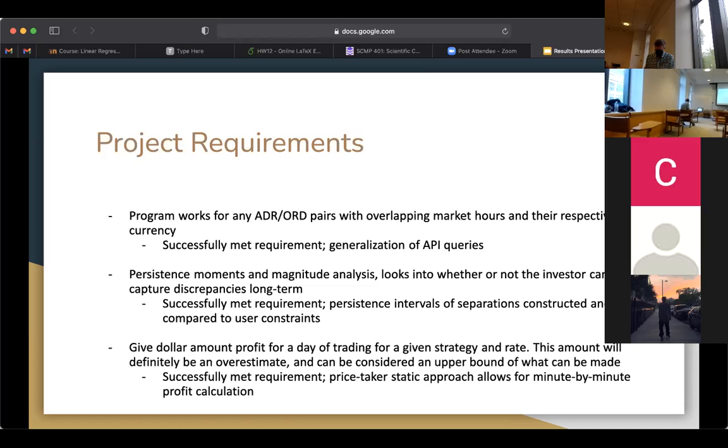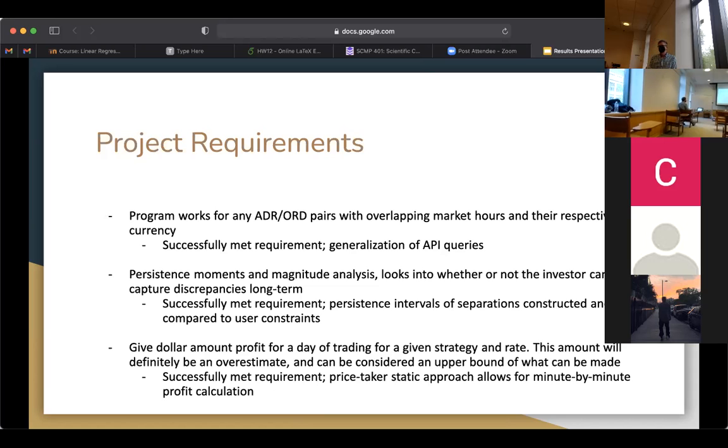And this type of table and graph, after going over some theory, gives you a look into the type of risk that you'll be incurring and whether or not it'll be safe for the investor to trade long term. And I successfully met this requirement. I produced persistence intervals of separations, and I constructed and compared them to user constraints, which we'll see in the project demo in a couple slides.